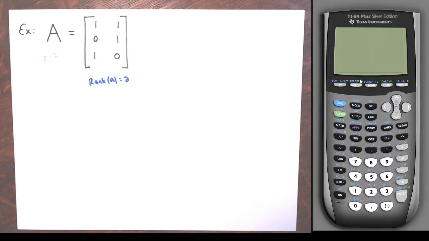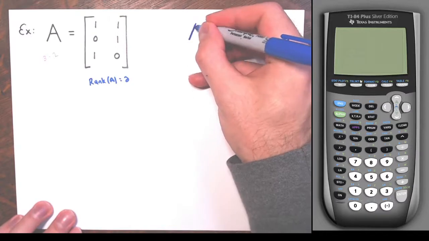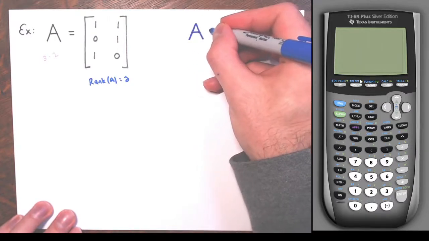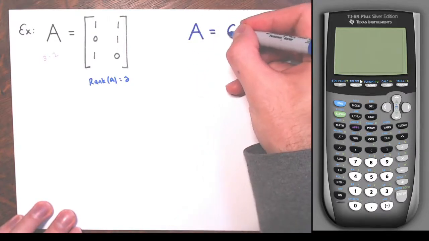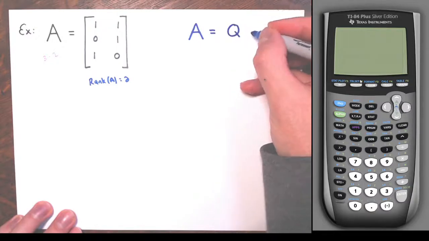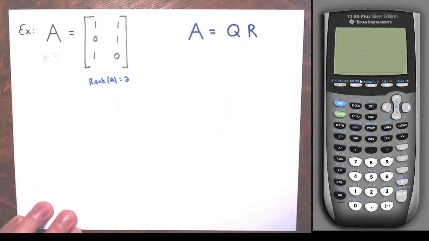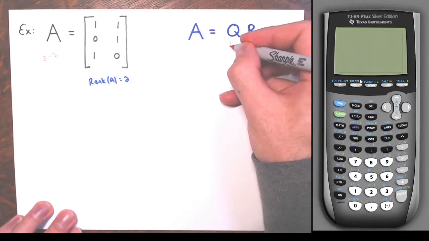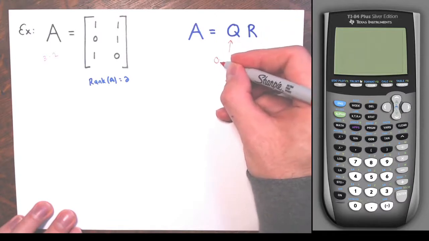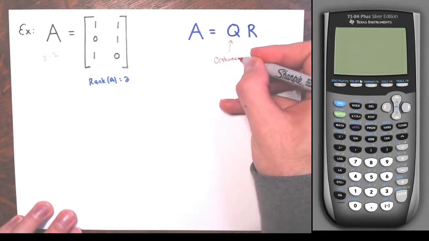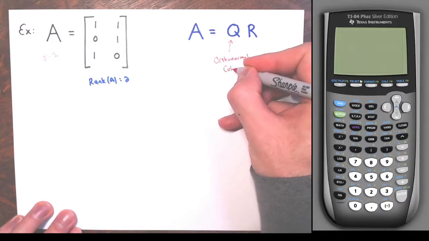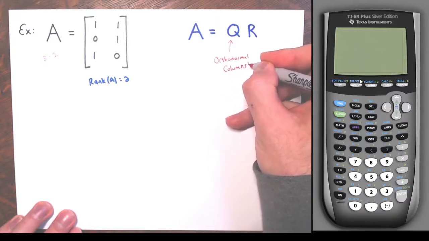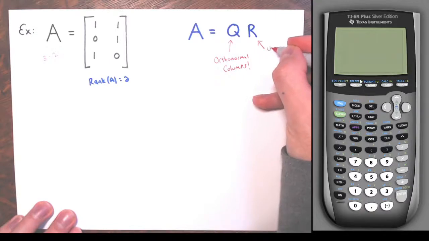All right, but the columns are independent, so I should still be able to express A as a matrix Q times a matrix R, where again Q has orthonormal columns and R is upper triangular.